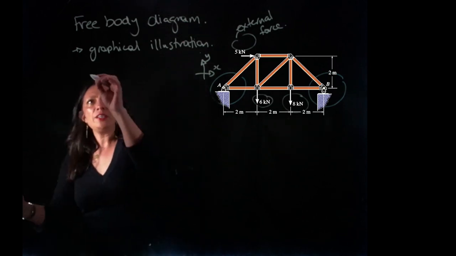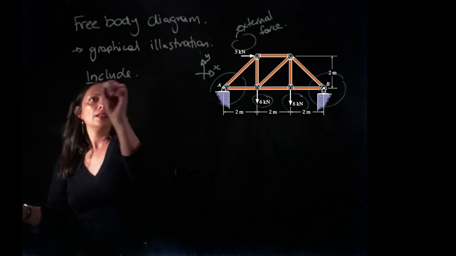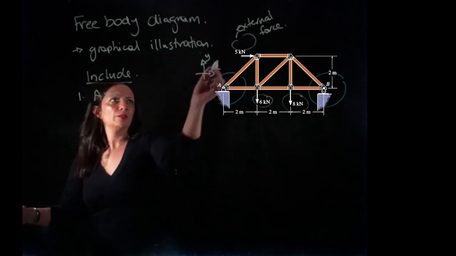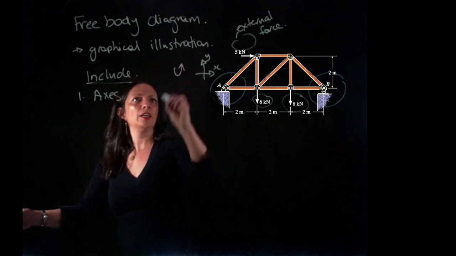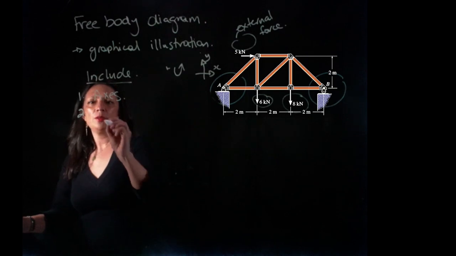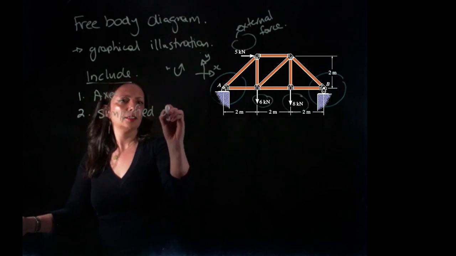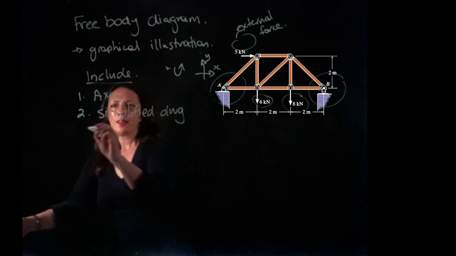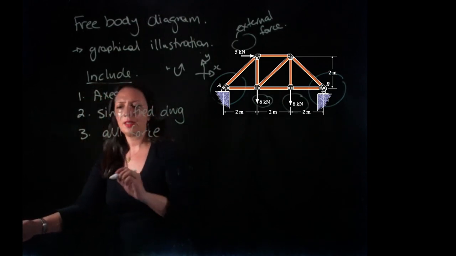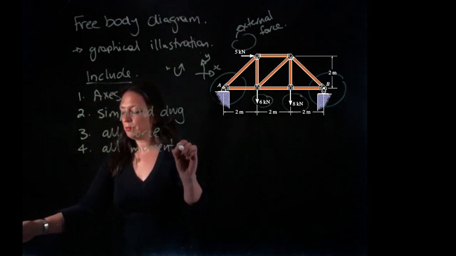A free body diagram should include the following. 1, we should have an axis, which we have here, and we can also define which way is positive for our moment. 2, we do a simplified drawing. 3, we include all forces acting on the system. 4, all moments acting on the system.